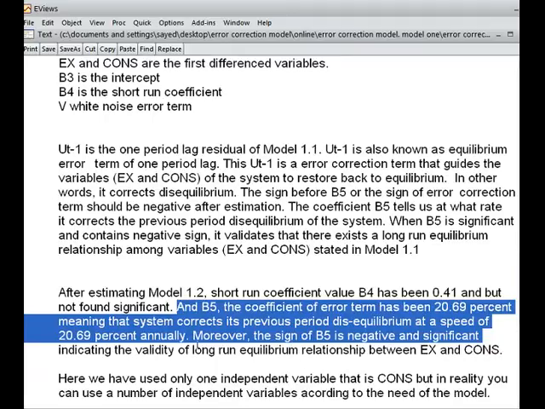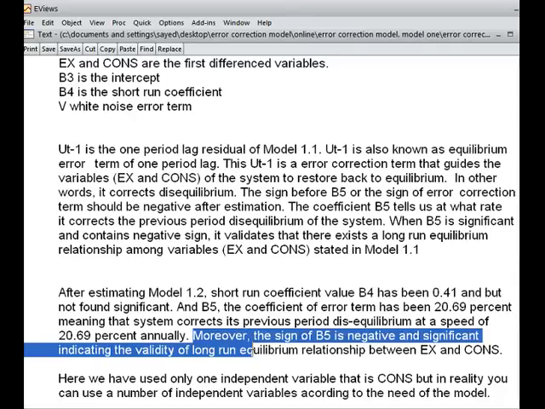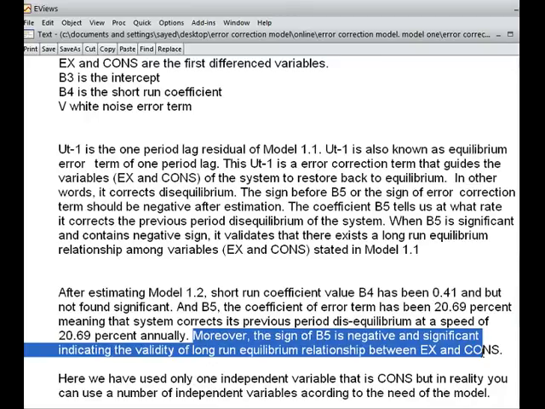So that means the speed of adjustment is 20.69% annually. Moreover, the sign of B5 has been negative and significant, indicating the validity of a long-run equilibrium relationship between EX and cons.